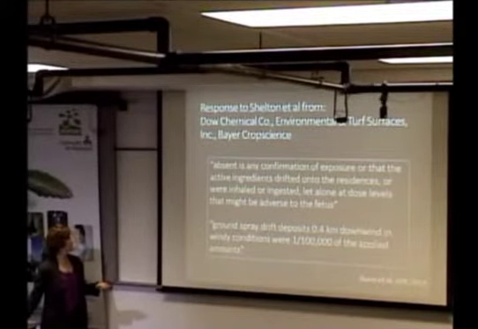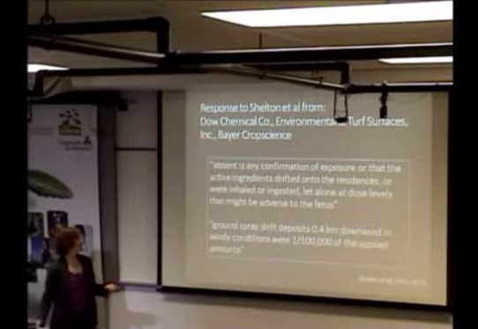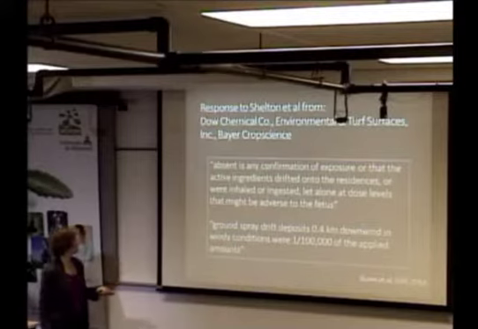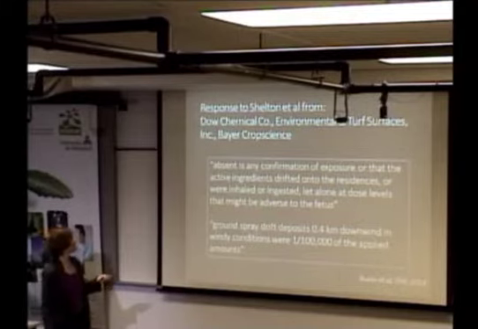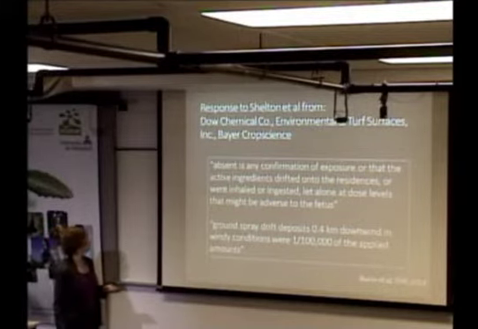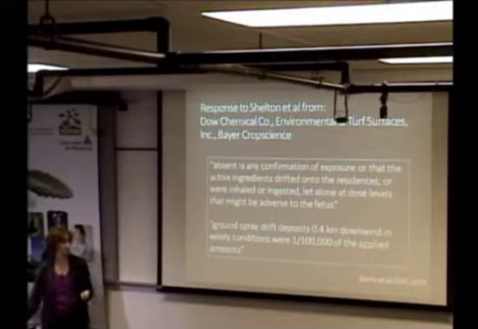There's a little bit of pushback. Some people wrote this letter to the editor pointing out that we didn't have confirmation of exposure or direct evidence that the active ingredients drifted onto the residences, or that they were inhaled or ingested.